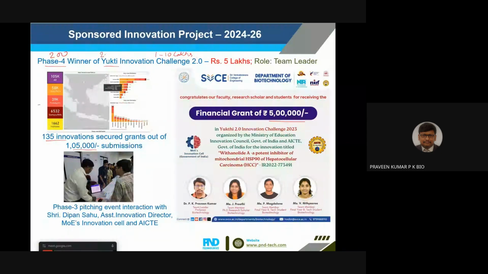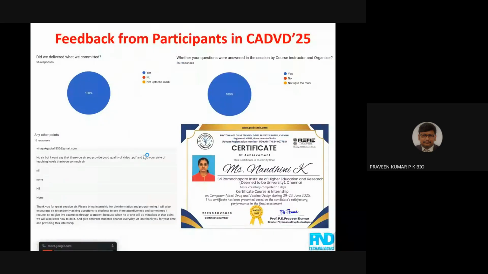Nearly 256 winners were selected in phase 3, so 200 and 256, totally 456 participants competed, and out of 456, only 135 innovations secured the grants. Fortunately, we are one of the startups, and I am the only professor in Tamil Nadu who received this kind of grant to establish a startup.